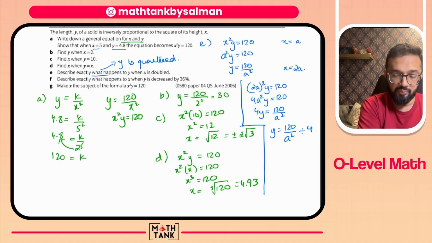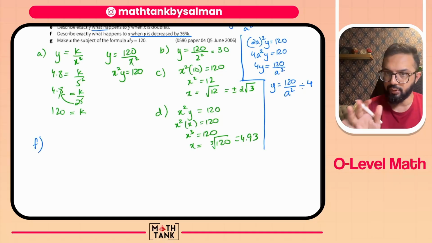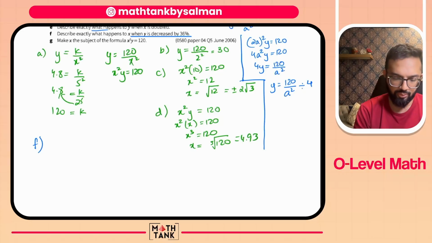Okay, this is describe exactly what happens to x when y is decreased by 36%. X when y is decreased by 36%. So this time you'll have to take values of y. So this has gotten very complicated now, and you should do this carefully. So I have x squared y equals 120. So I'll take y as a, and then when I reduce it by 36%, it becomes 64% of a, which is 0.64a.